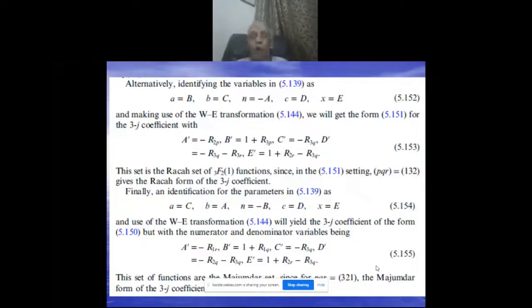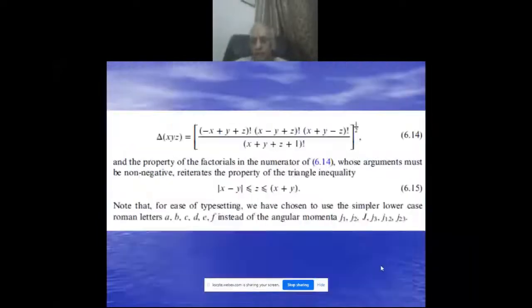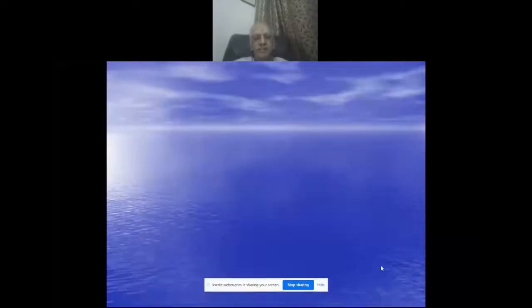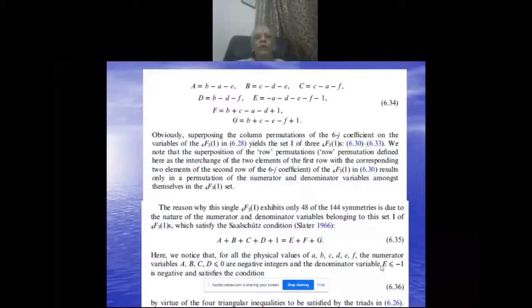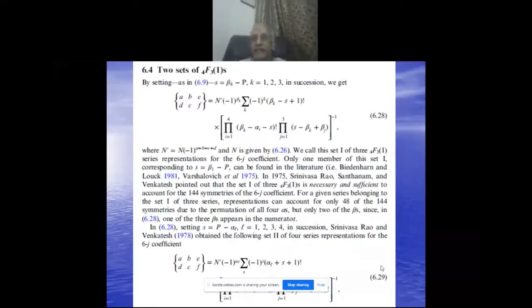And another coupling coefficient is related to either a set of 3 4F3 hypergeometric functions or 4 4F3 hypergeometric functions. Those two sets of hypergeometric functions are related to each other through a beautiful mapping. I do not have the time to mention the lovely results in this lecture.